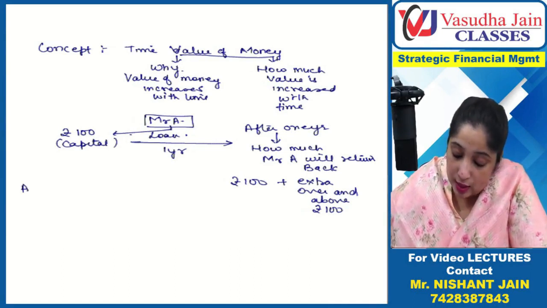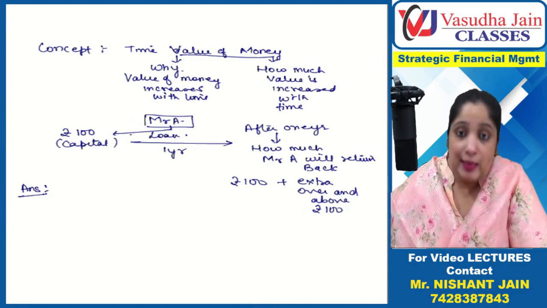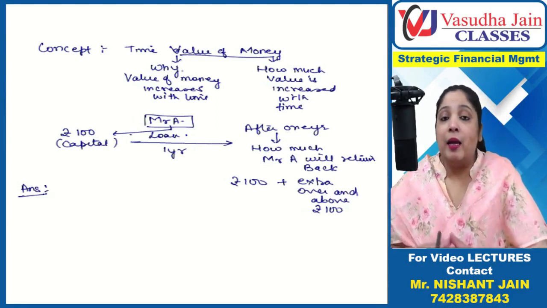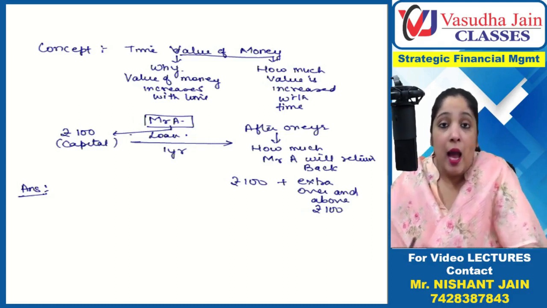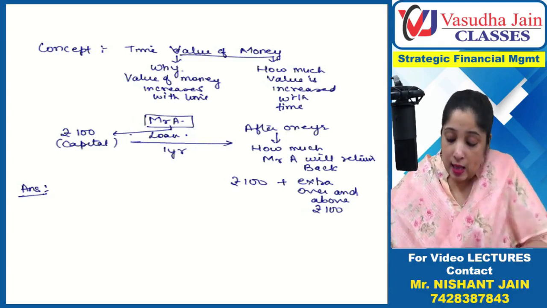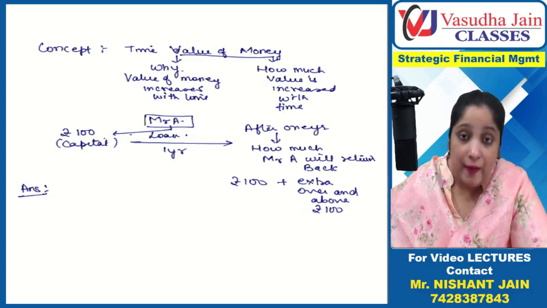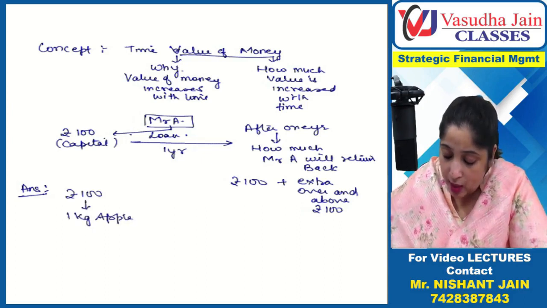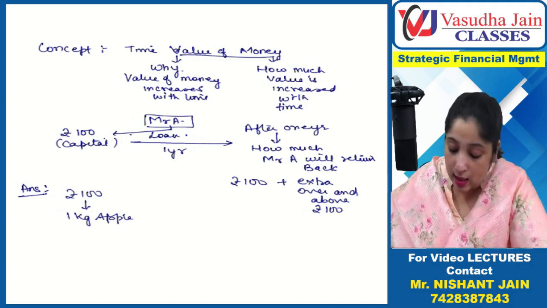So the answer to his question is that since I am giving him money, please listen to this carefully. Since I am giving him this money, I will not be able to use this money to buy anything. If I would not have given him money, I would have purchased 1 kg of apple or something. I would have used this money.